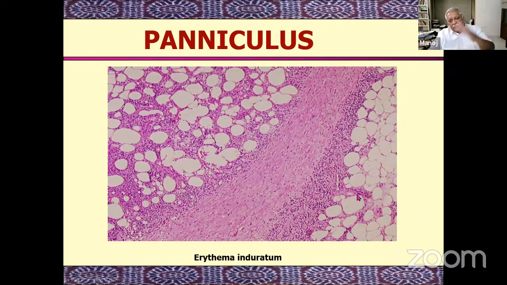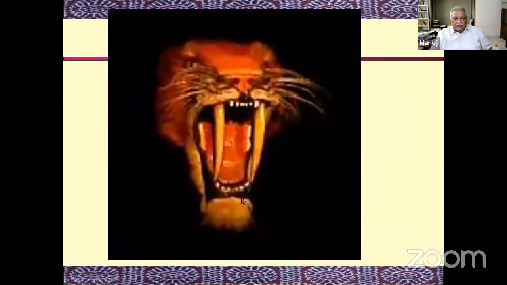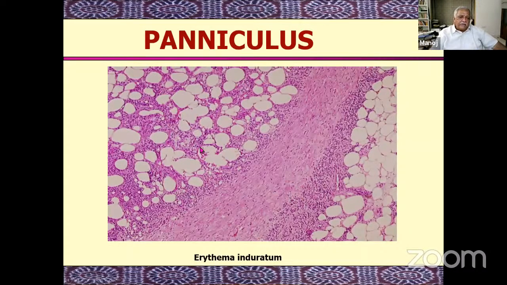It separates different lobes of the fat, and you have a lobe here which is relatively uninvolved, a lobe here which is a little more involved, and then this is the septum. So this can be used to distinguish certain types of panniculitis.